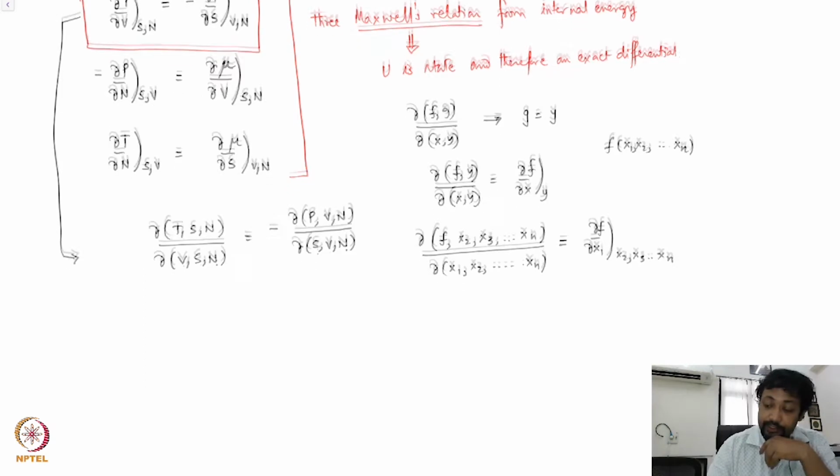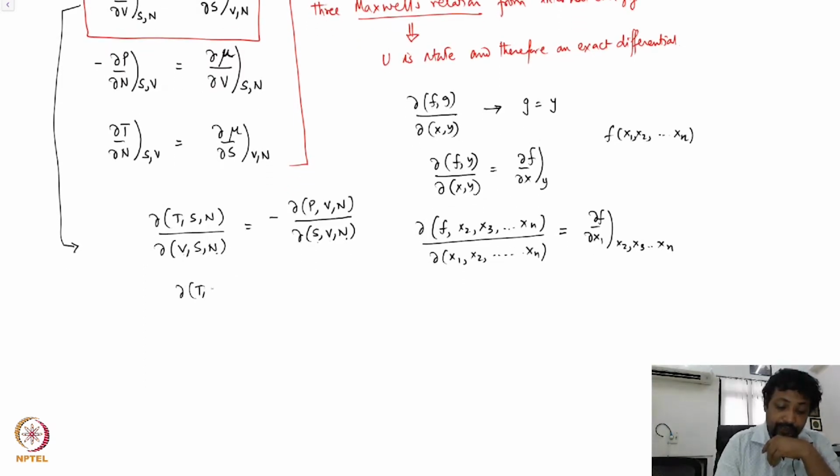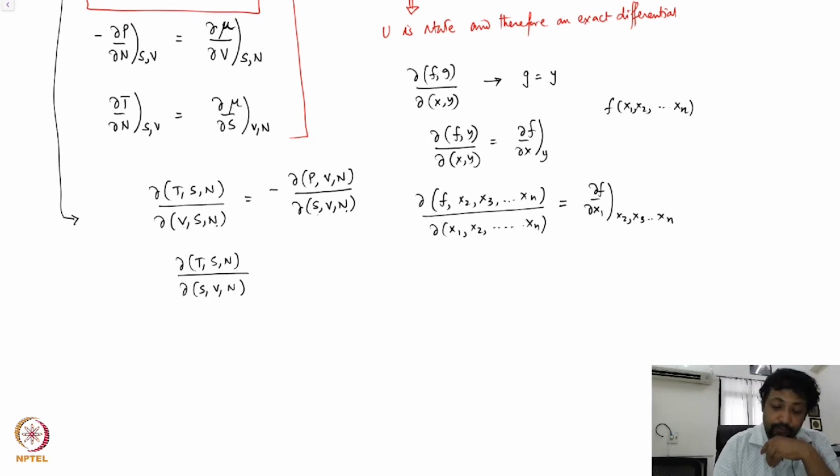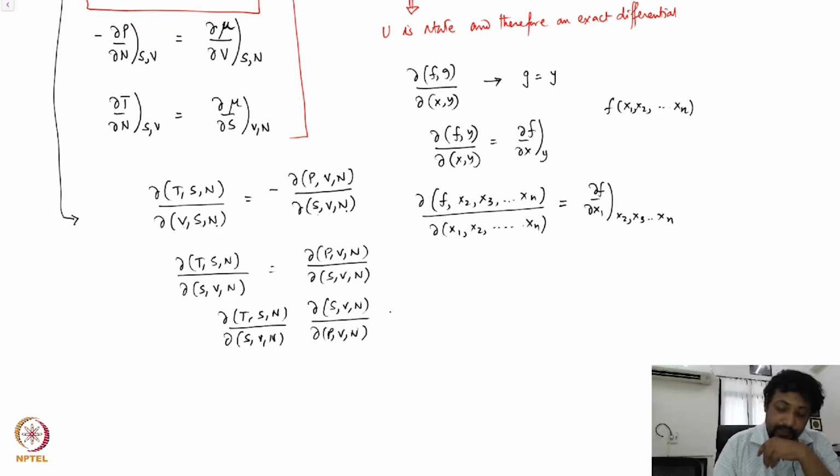If I alter these two, then I should have del of t comma s comma n, del of s comma v comma n is equal to del of p comma v comma n, del of s comma v comma n, which means, as we had learned in the earlier class, I can bring it on the left hand side to write it down as is equal to 1.